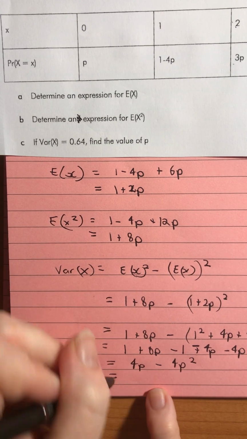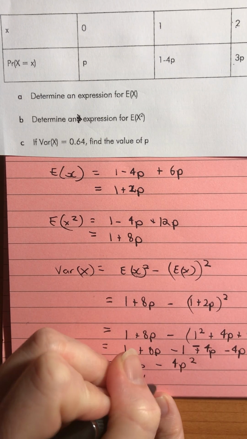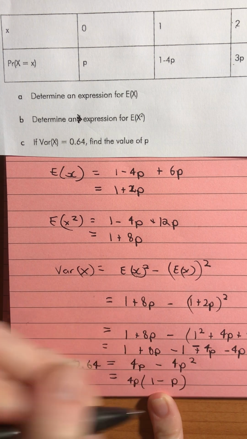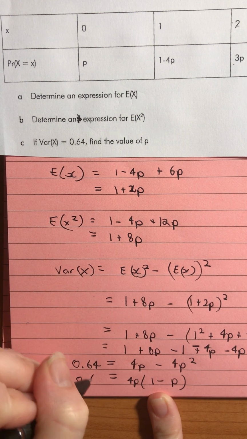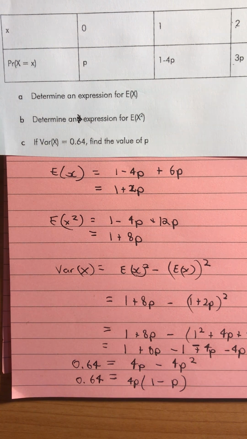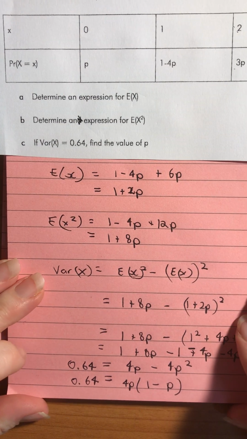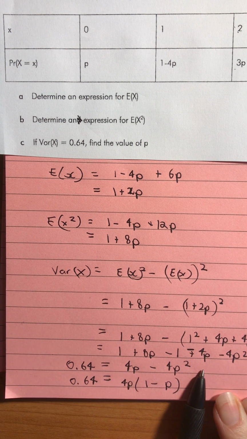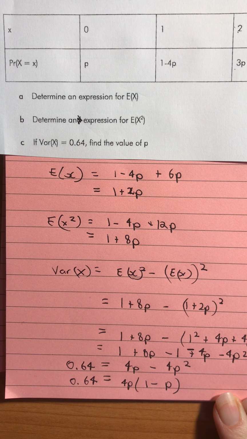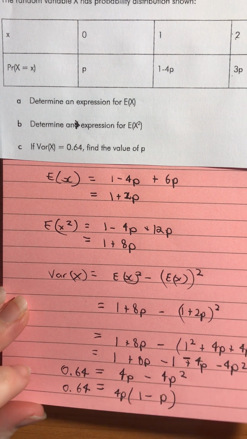So we can take out a common factor of 4p. That'll leave us 1 take p in the brackets. Or I probably should have gone a different route with that and taken that 0.64 over to the other side so that I could solve it as a quadratic.